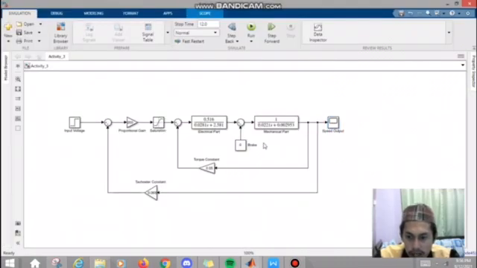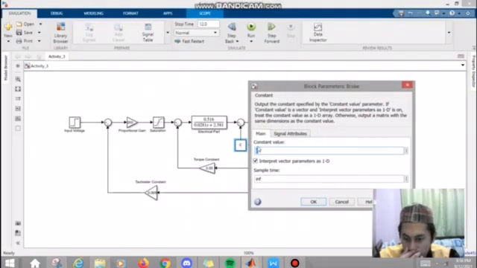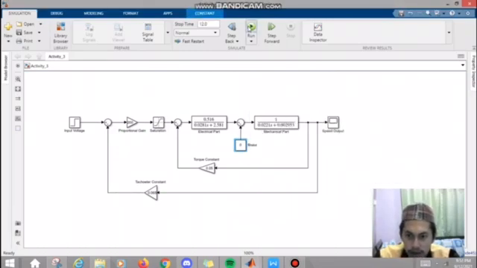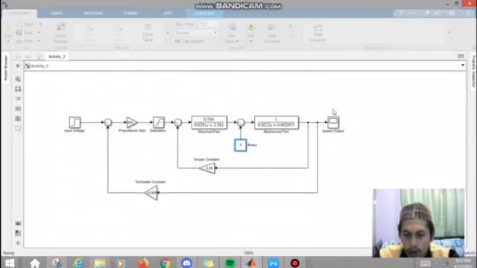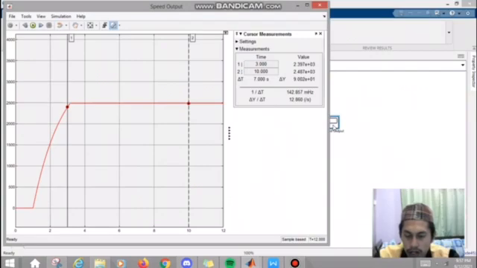Then we change to the next brake scale, 3, and run. We find that the value at t equals 10 seconds is 2487.